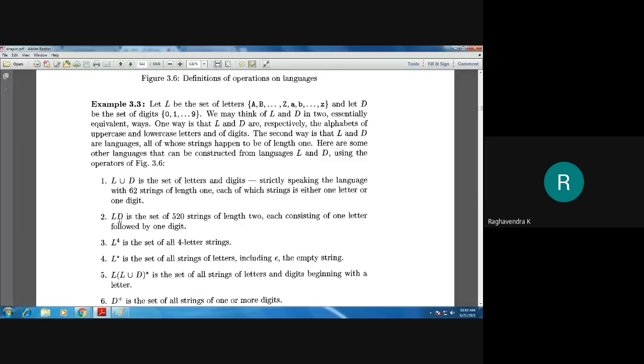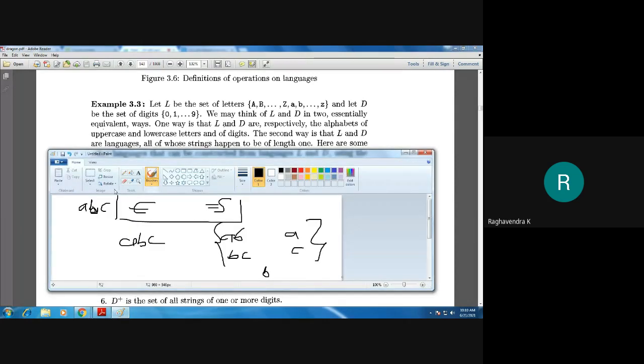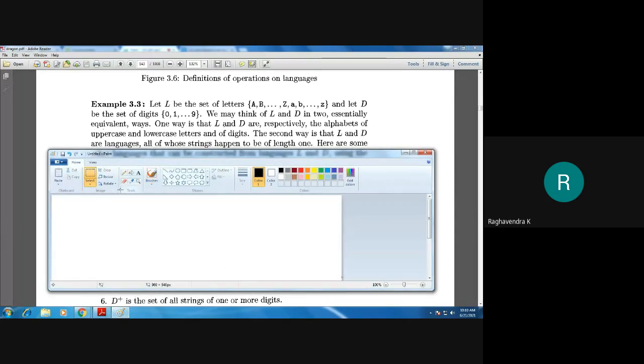So LD, or concatenation, is going to be 520 strings of length 2. What is a string of length 2? For example, you take one from L. L is A to Z and small a to z, and similarly D is equal to 0 to 9.